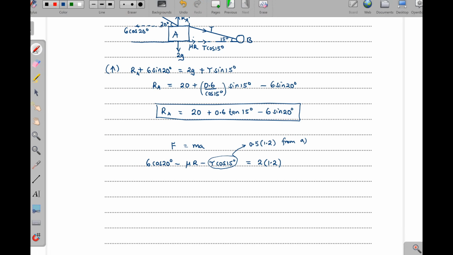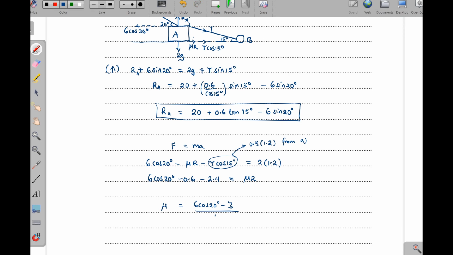Okay, now let's proceed. What are we going to have here? We are supposed to make mu the subject of the formula. So we have 6 cosine of 20, then this one is a 0.6, not so? So minus 0.6, then bring this one this side, it will be minus 2.4, then this one will be equal to mu R. So meaning our mu is going to be 6 cosine of 20 degrees, then minus, this will be a 3.